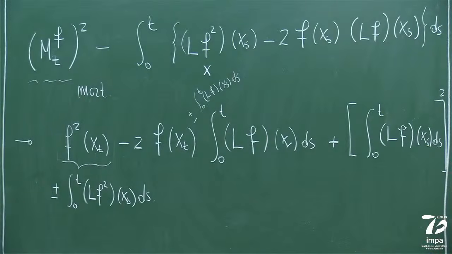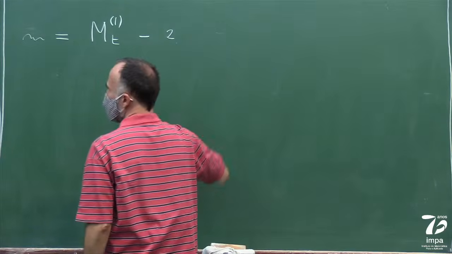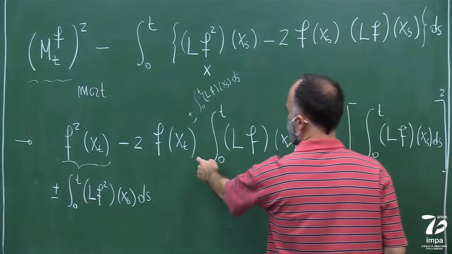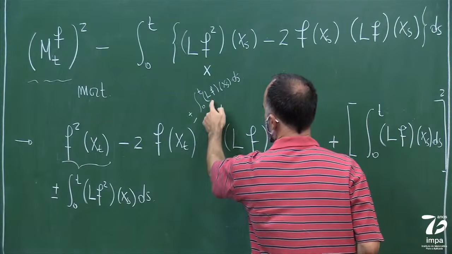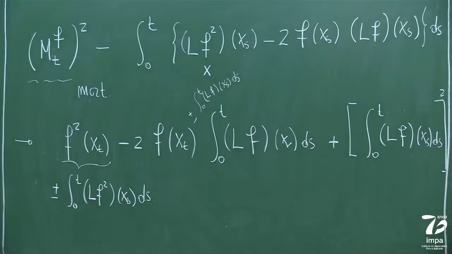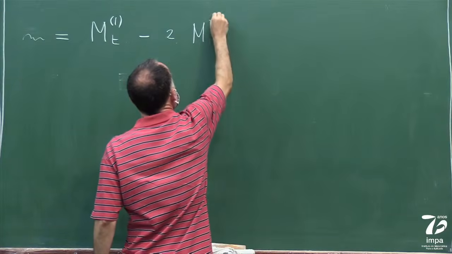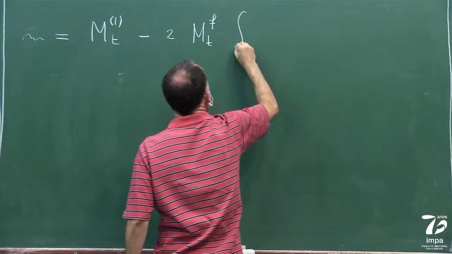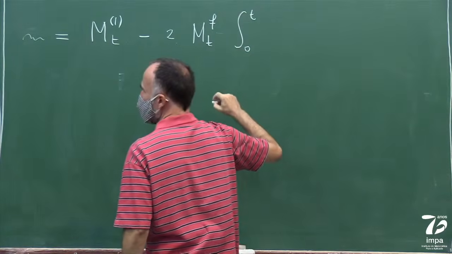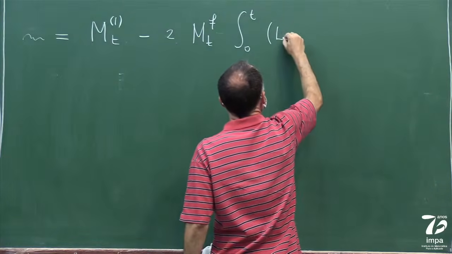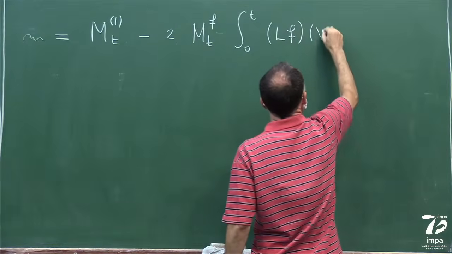So let me write this as minus 2. First, I get the minus sign. With the minus sign, this is the martingale M^f_t, which is multiplying the integral from 0 to t of Lf(X_s) ds.